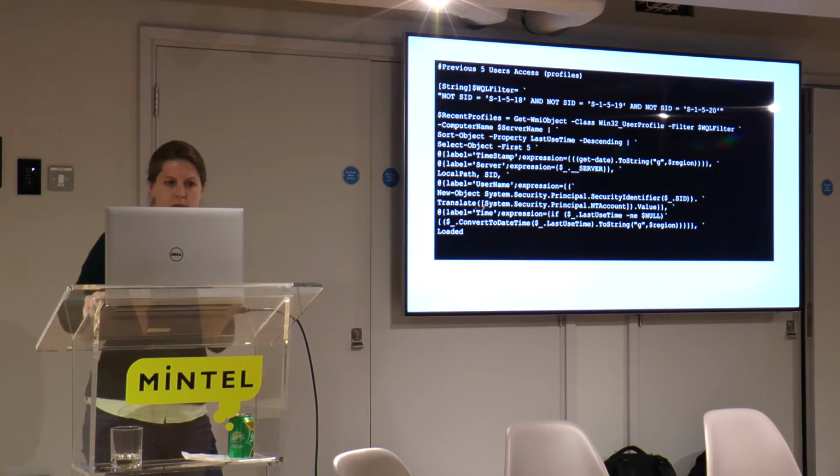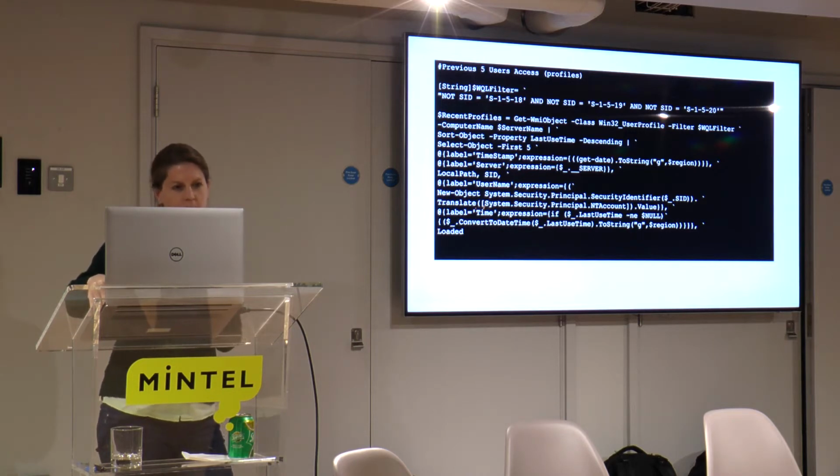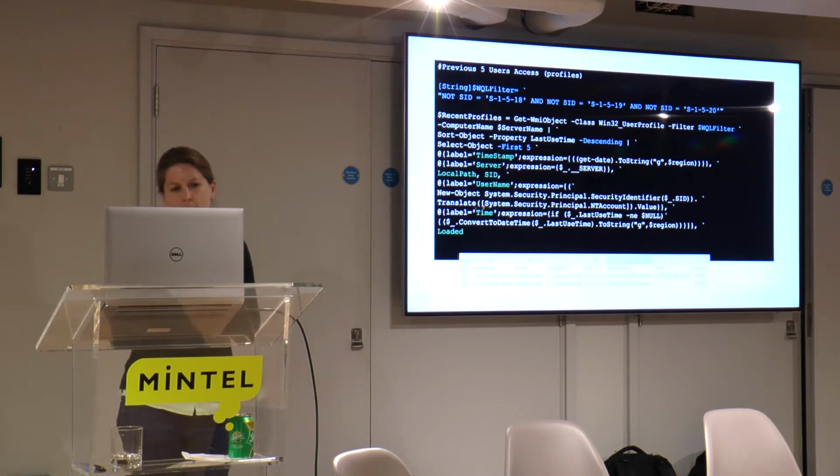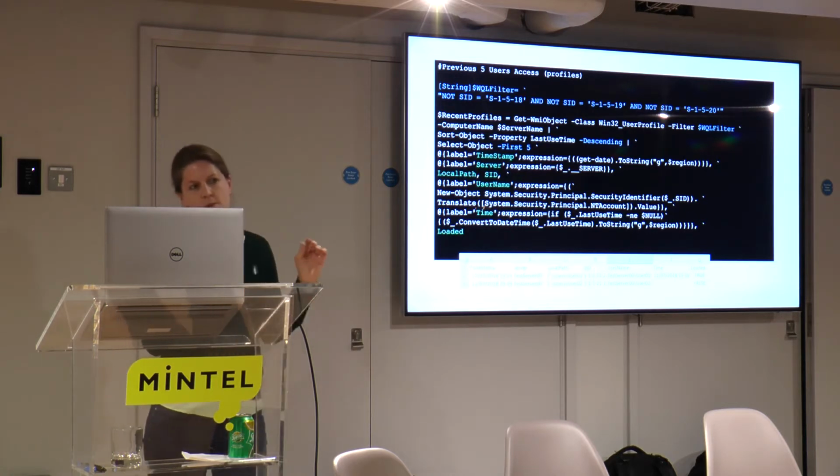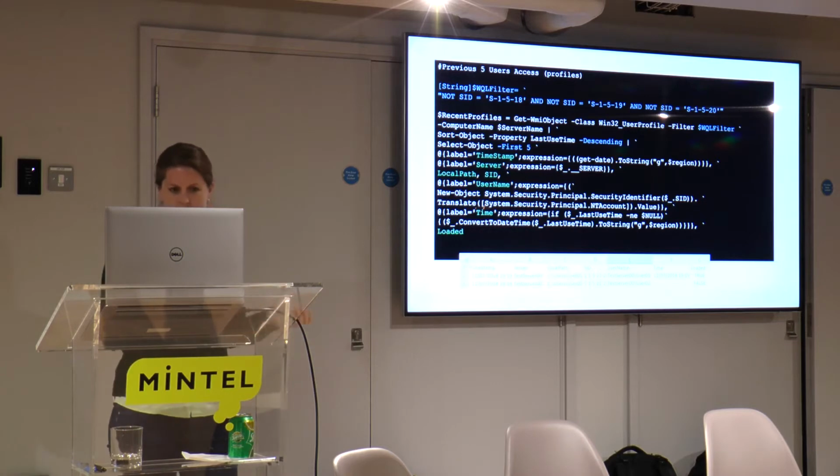And the second example, this WMI command, is looking at the last 5 years of logins. The WMI commands get quite large because I'm sanitizing the data. There are two thoughts here.